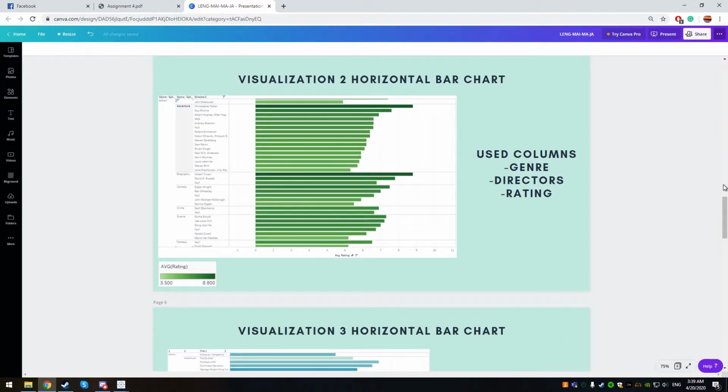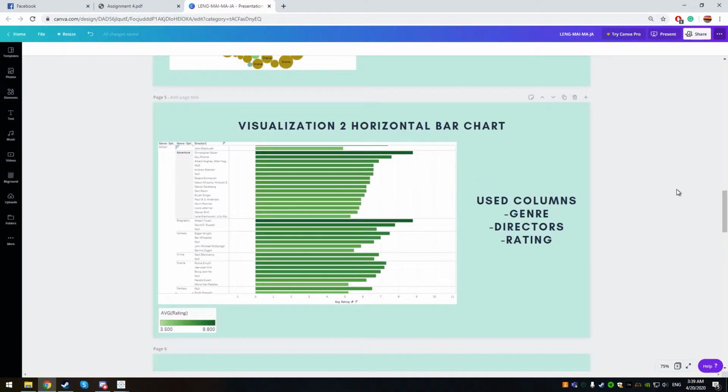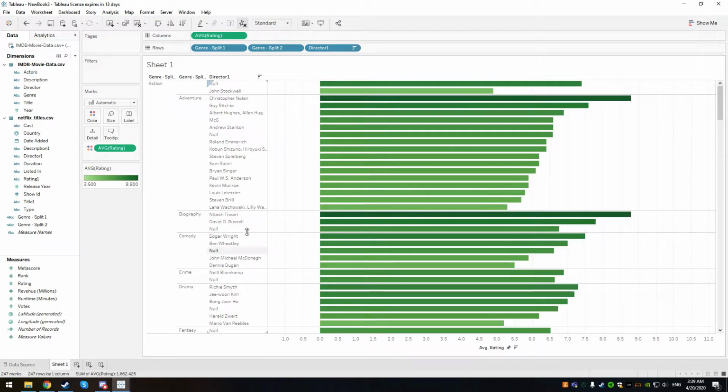The second visualization, we use a horizontal bar chart. The columns we use are genre, director, and rating. This also has the main category and subcategory as well. This means it is the action adventure category, and this column is the director. The size of the bar represents the average rating.